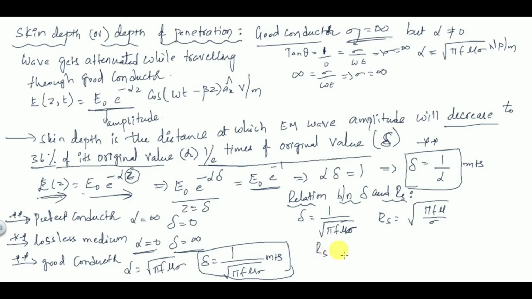If you multiply Rs into del, it will be 1 by root of pi f mu sigma into root of pi f mu by sigma. So pi f mu gets cancelled, and it will be 1 by sigma. So Rs is equal to 1 by sigma del, in ohms. This is the relationship between skin depth and surface resistance.